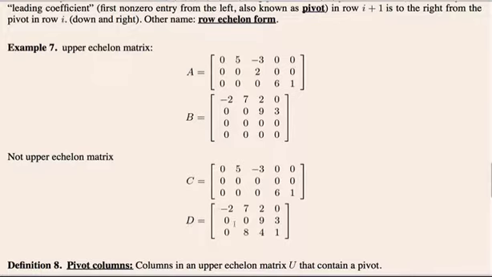The matrix D is not an upper echelon matrix, and the reason for that is as you go from the first row to the second, the pivot, the leading non-zero entry, moves to the right, but then it doesn't move to the right again. Instead, it moves to the left. If you go from the second row to the third, now the pivot is to the left. But then that means that it shouldn't be an upper echelon matrix. If it was an upper echelon matrix, it should be moving to the right as you go downward.